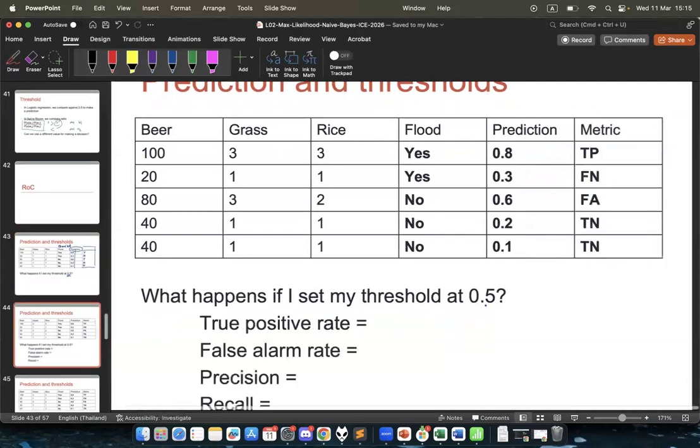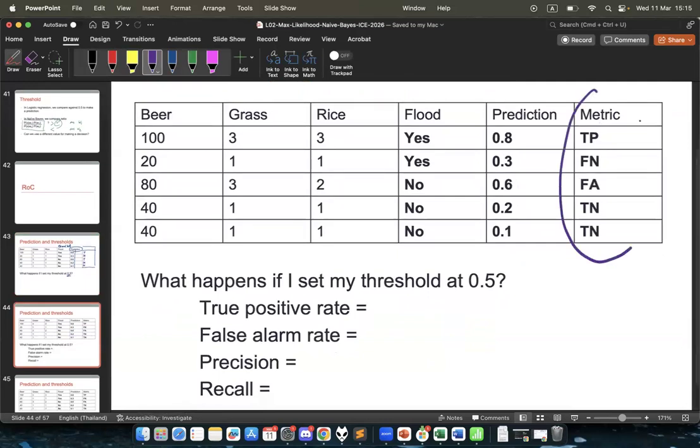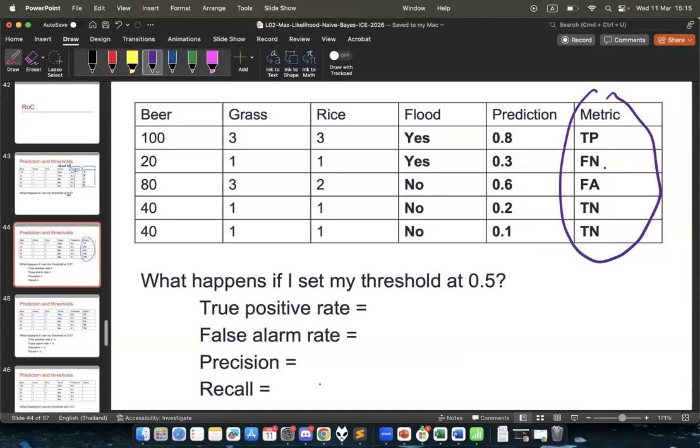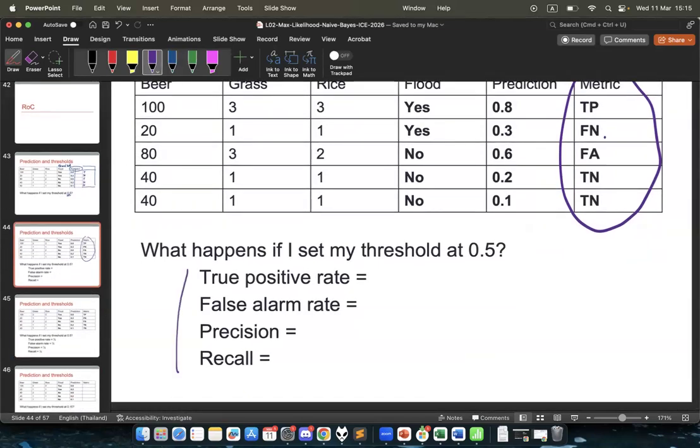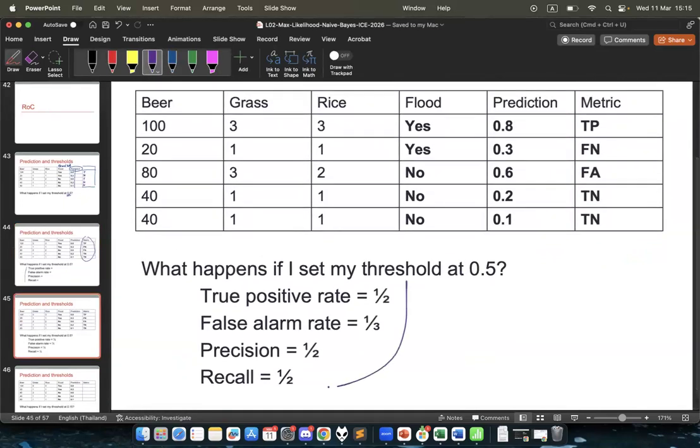And after I do prediction, I can compute whether it's true positive, false negative, false alarm, and so on, and compute the metrics. That's the metric value for a single threshold.